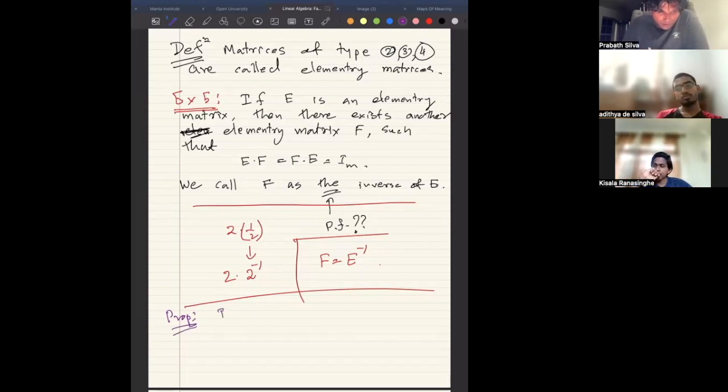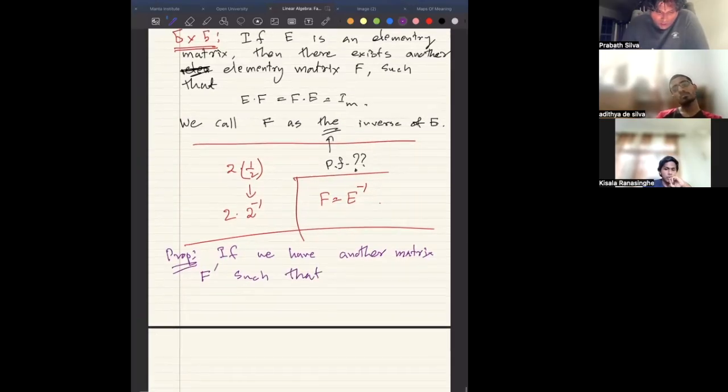If we have another matrix, let's call it F prime, such that E times F prime equals F prime times E equals I_M, then this F should be equal to F prime.